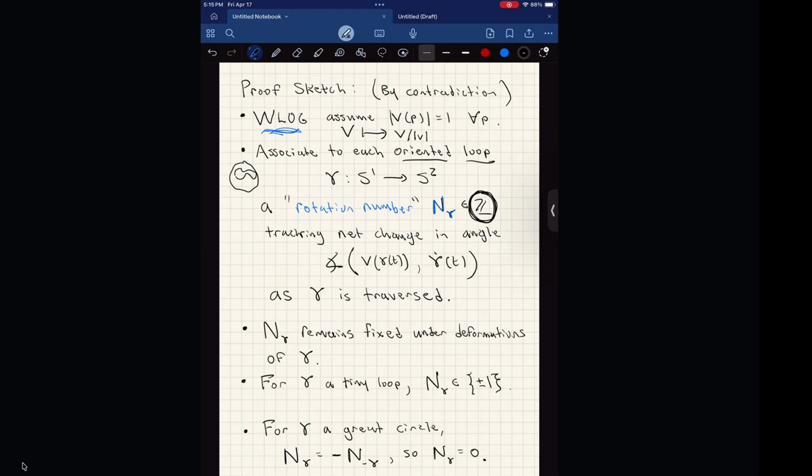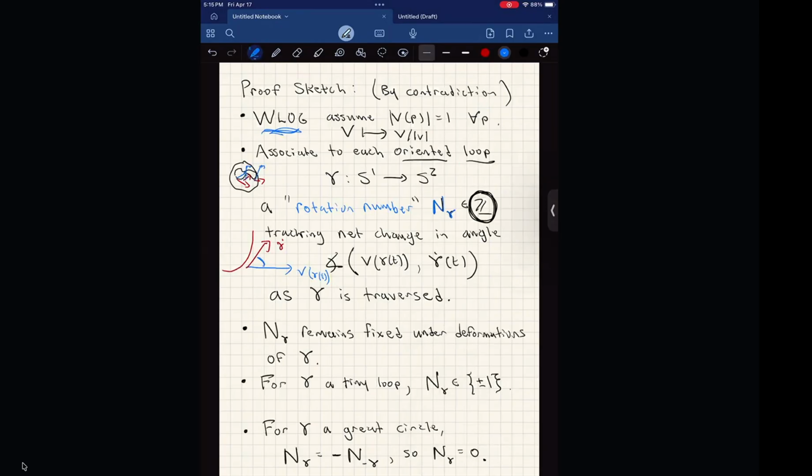And it's supposed to track the net change in the angle between the tangents to your curve and the vector field at those points. So at any point on this curve, you can draw the value of the vector field at that point and the velocity vector to your curve at that point. So this would be gamma dot, and then this would be V, the vector at gamma of t.